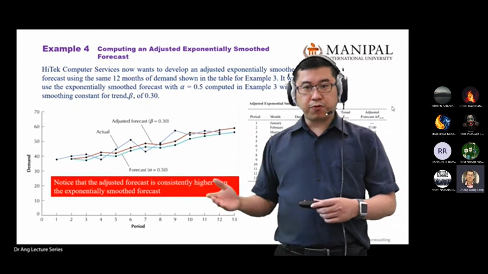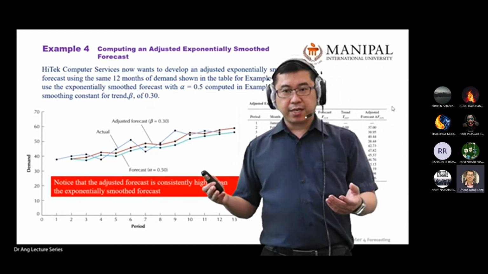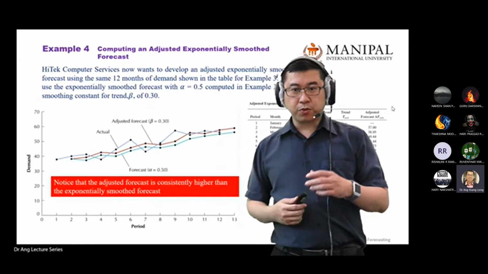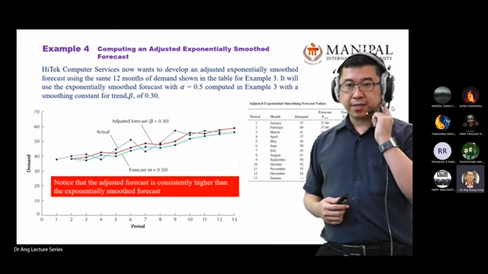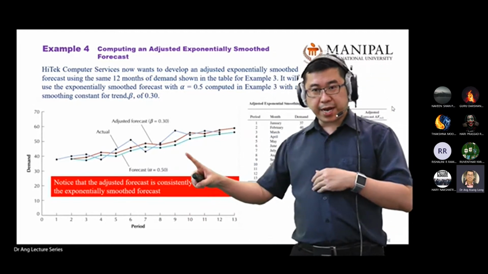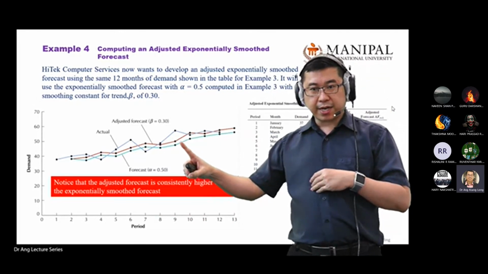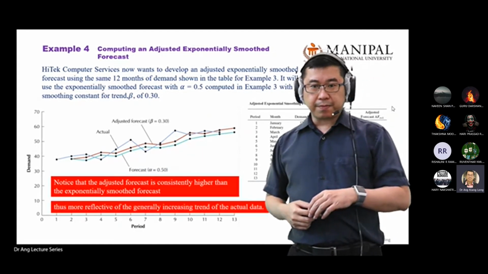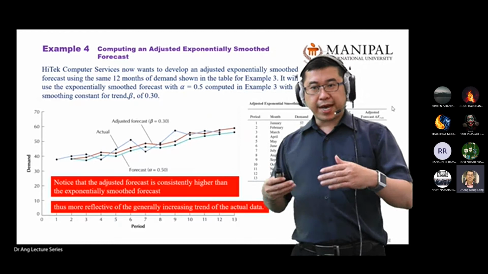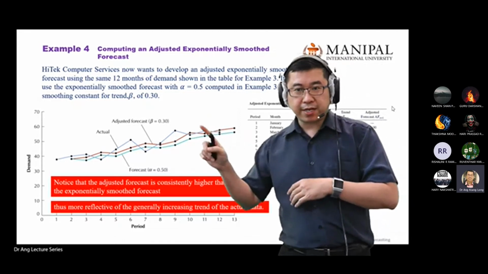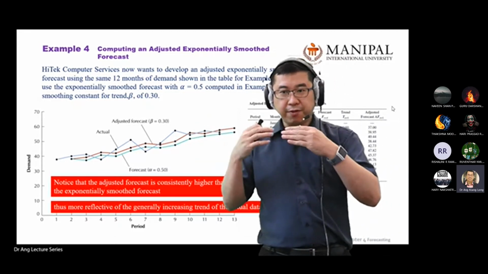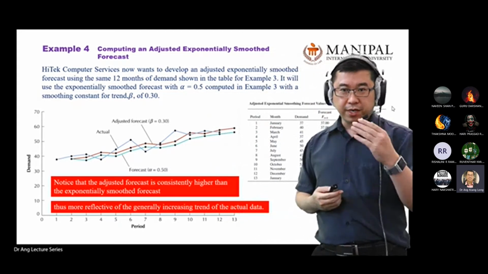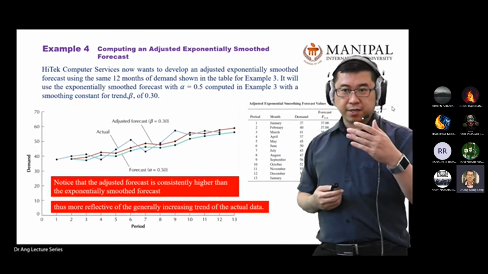As you can see, the adjusted forecast is constantly higher than the exponential smoothing forecast, the red line and the green line. As you get nearer to the real data, it means you have a very good forecast, a little bit nearer to the realistic behavior of the demand.